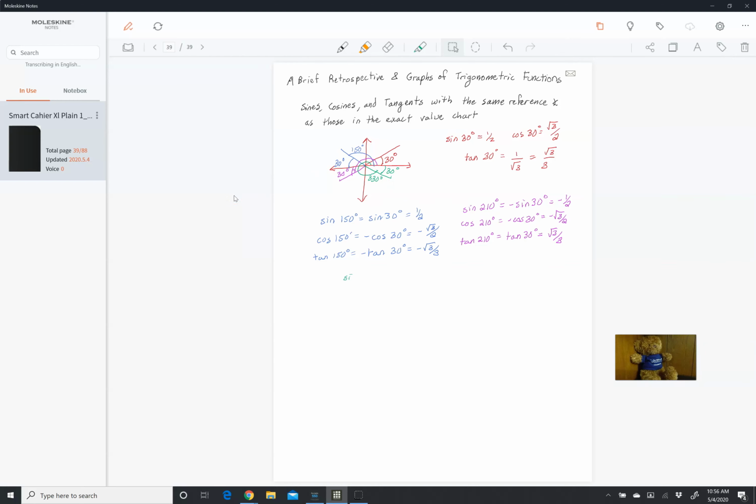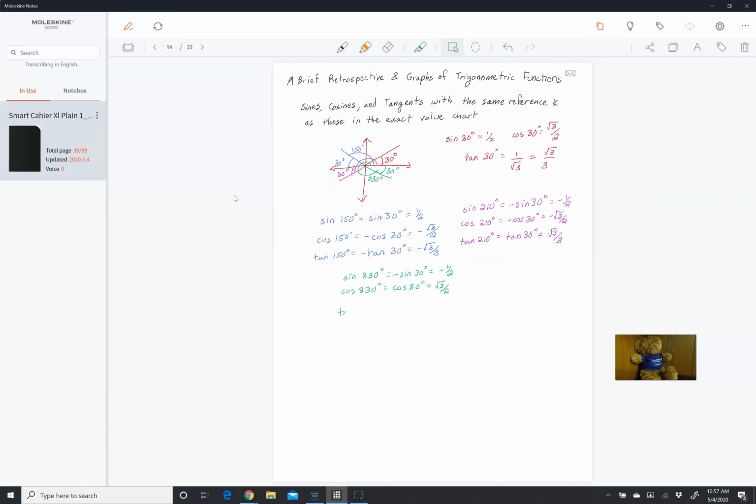So the sine of 330 degrees is negative the sine of 30. Sine is negative in quadrant 4. So this would be negative 1/2. Cosine in quadrant 4 is positive. So the cosine of 330 degrees is equivalent to the cosine of 30, or square root of 3 over 2.